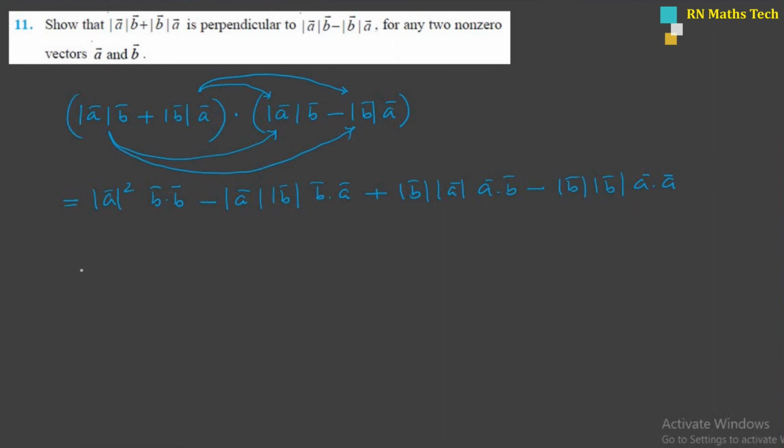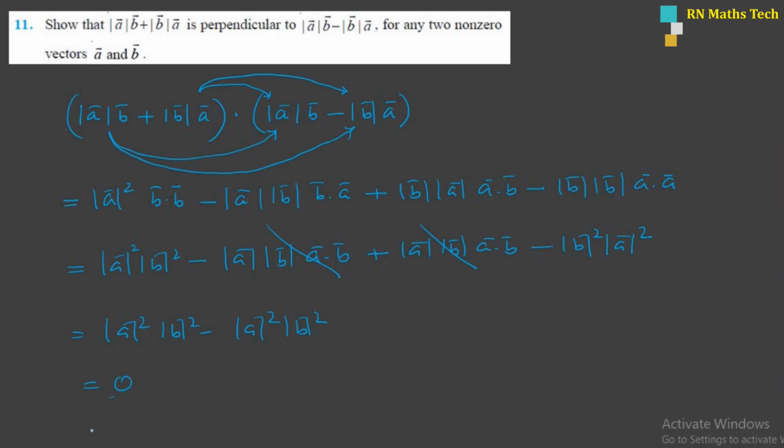Okay, that is equal to mod a square into mod b square, minus mod a mod b, b dot a is a dot b, into a dot b, minus mod b square into mod a square. Mod a square mod b square minus mod a square mod b square is cancelled, so that is 0.